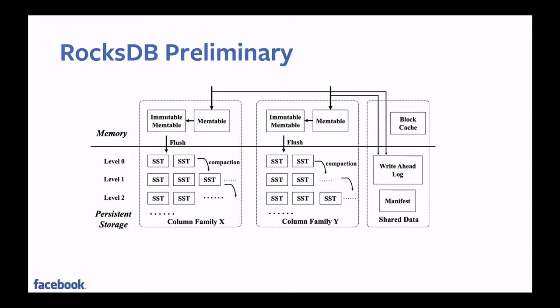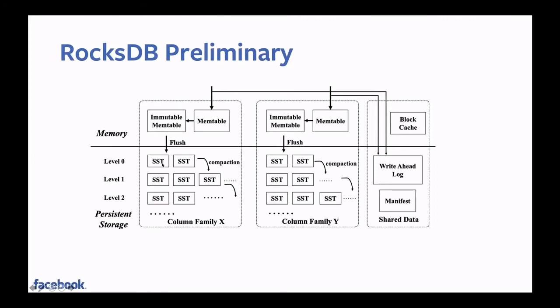RocksDB is an LSM tree-based key value store. When we do insertion, all the new key value pairs and deletions are cached in the mem table. After the mem table is full, the key value pairs are sorted and flushed out as immutable SST files. And they are managed in different levels.